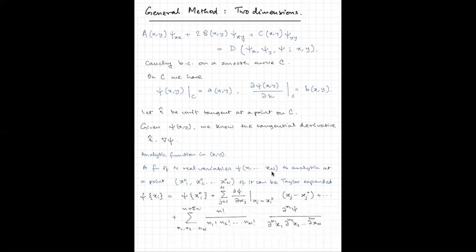Okay, and so this is, of course, at xi equals xi naught. This is going to be multiplied by (x1 minus x1 naught) to the power n1, dot dot dot (xn minus xn naught) to the power n. So this is the nth term, and this is a representative term, and so on.